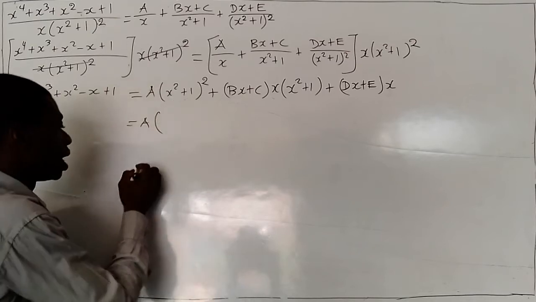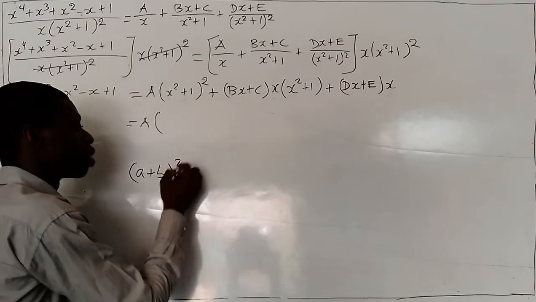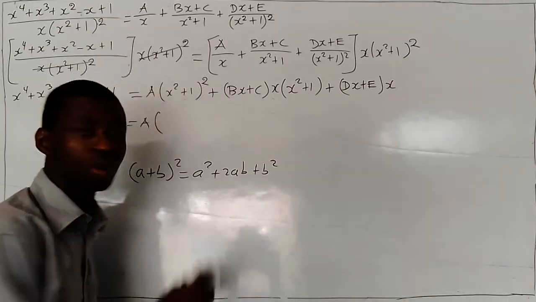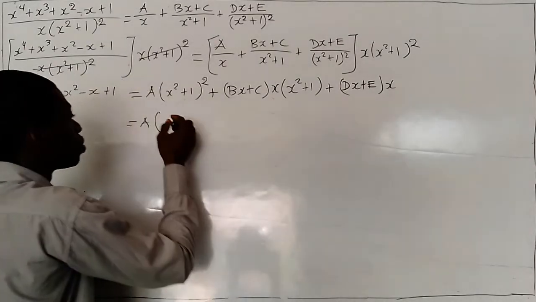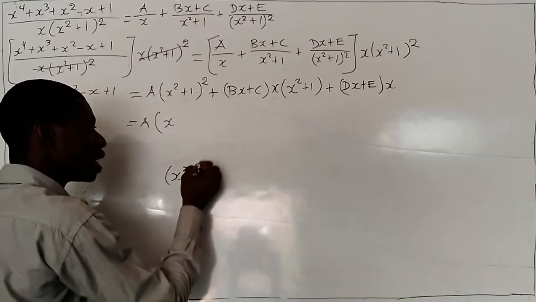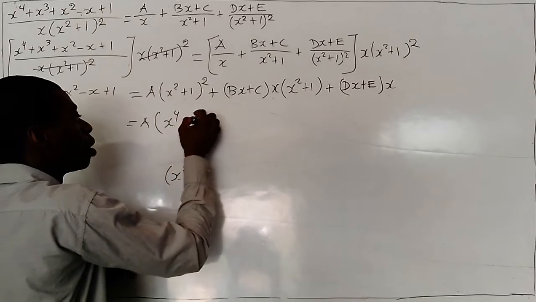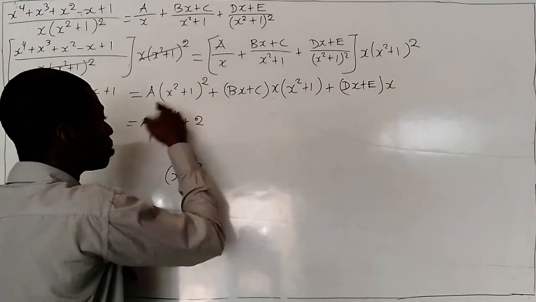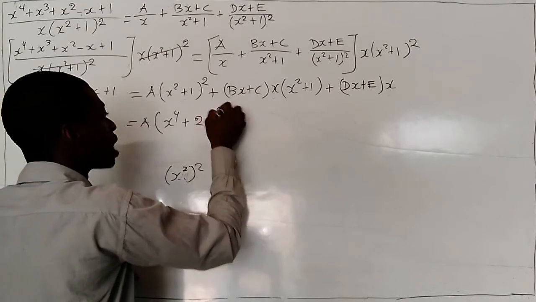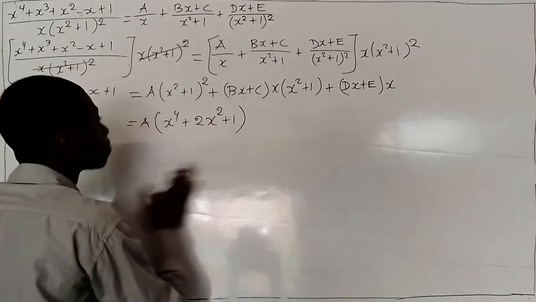Okay, so quickly this one, that's a bracket. This one is of the form a plus b squared, which will give us a squared plus 2ab plus b squared. So that means this will give us x squared squared, that is x raised to the power 4, plus 2 times x squared times 1, that means plus 2x squared, plus 1.